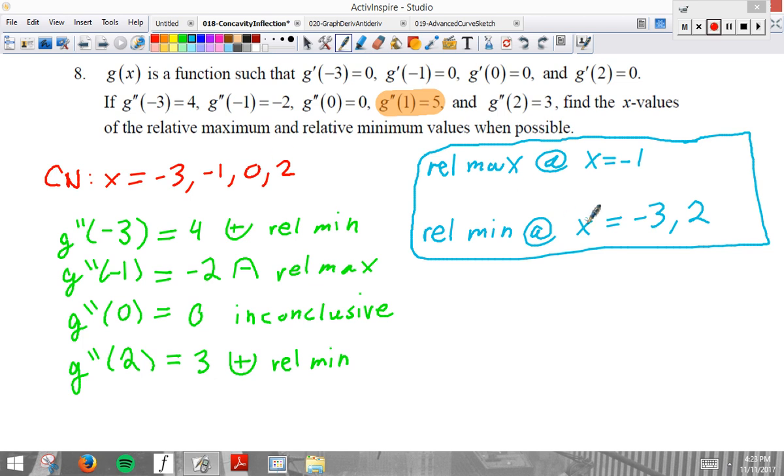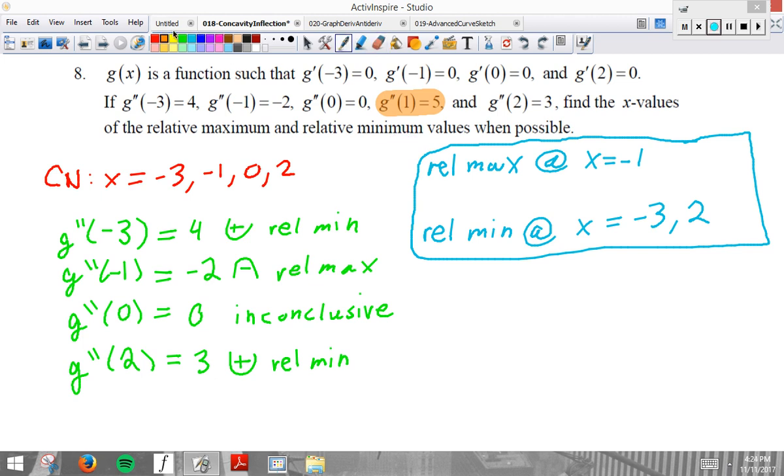To show what we're talking about here, you could have a positive concavity at 1. That certainly is a positive concavity, certainly concave up at 1. Yet this point is certainly not a relative max or min. We just don't know without knowing that it is also a critical number. It could be, but we just don't know. So again, you want to be careful not to use the distractor information.